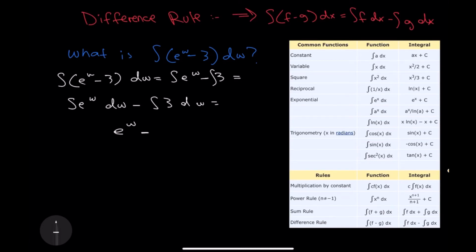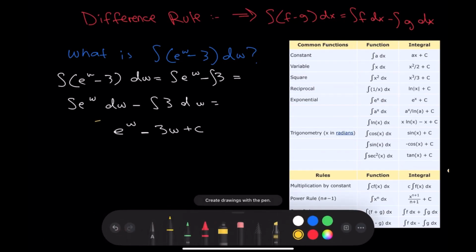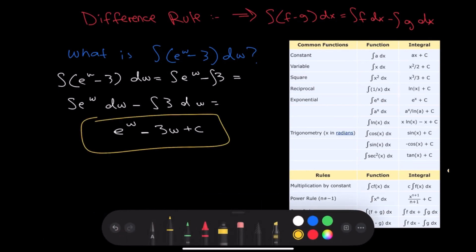As we can see, the first rule here, for a constant, is to just put an x beside it. In this case, our x is a w. So what we're going to do is write 3w plus C. And this is actually going to be our answer. It's as simple as that.